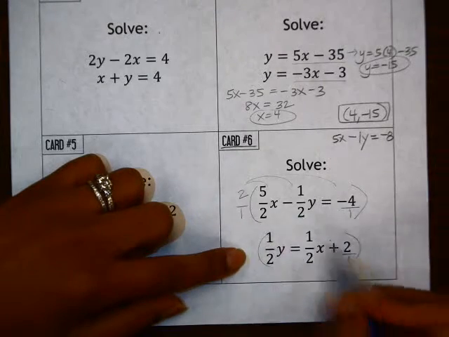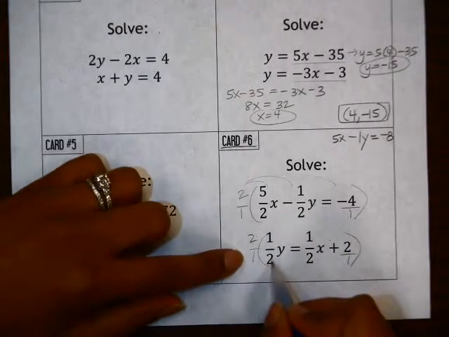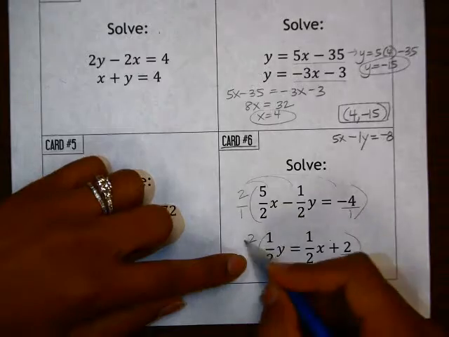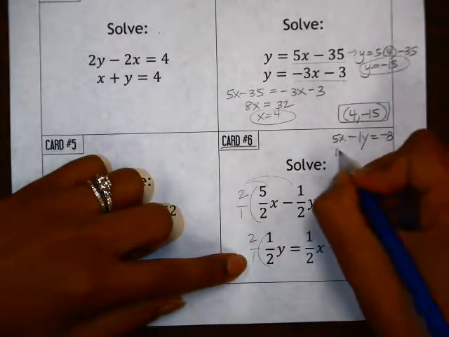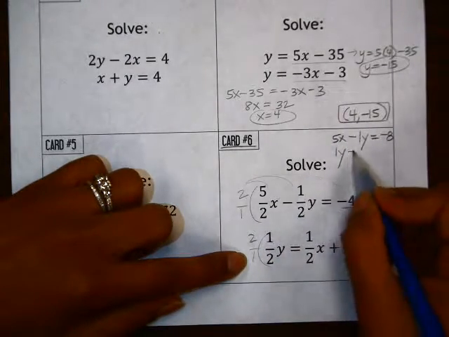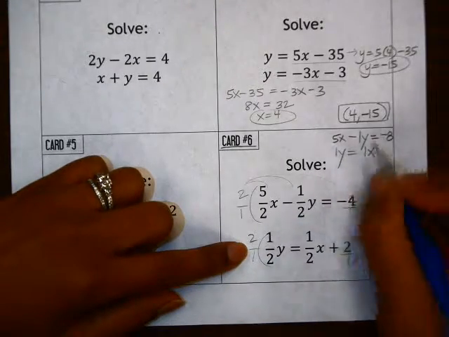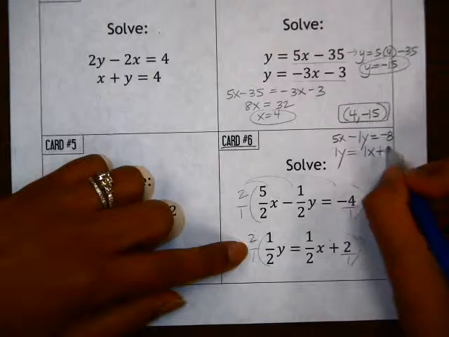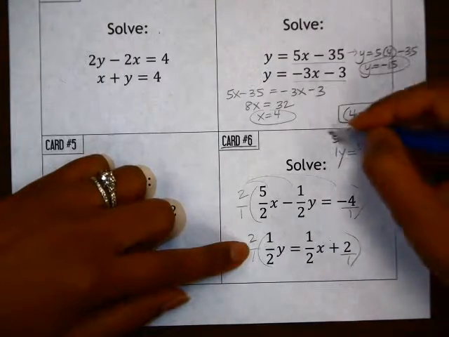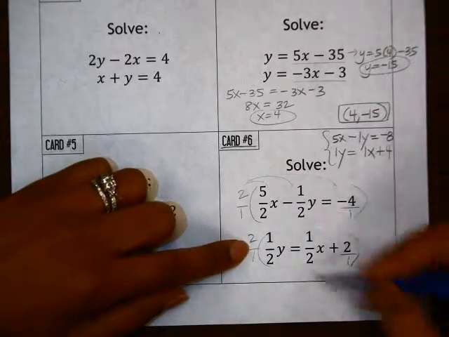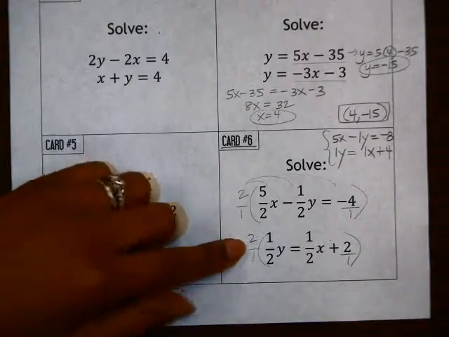I'm going to multiply this equation by 2 as well to get rid of this denominator here. 2 times 1/2 is 1. 2 times 1/2 x, again, that's just equal to 1. And then 2 times 2 is 4. So now I have a system of equations that's equivalent to this system, except now there's no fractions.